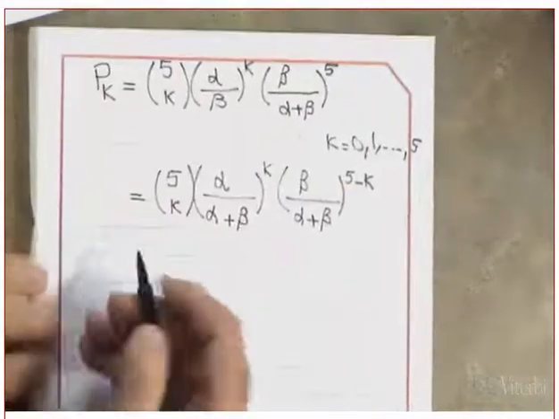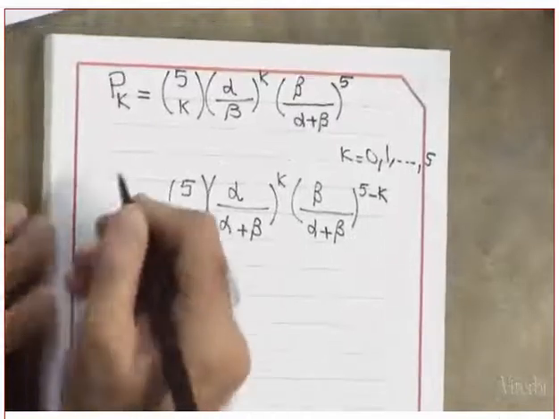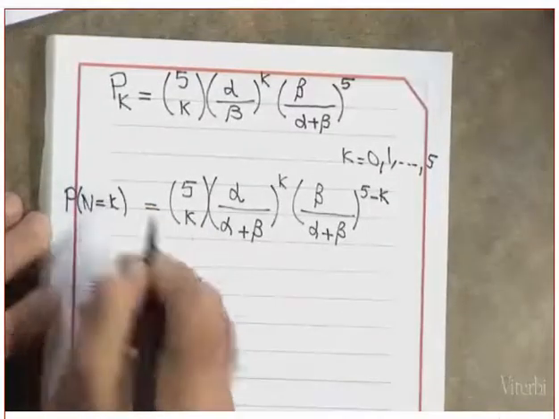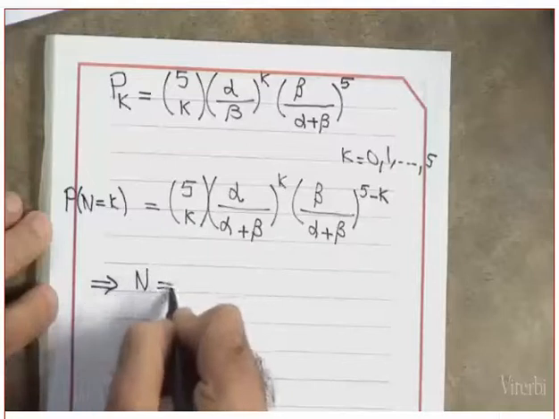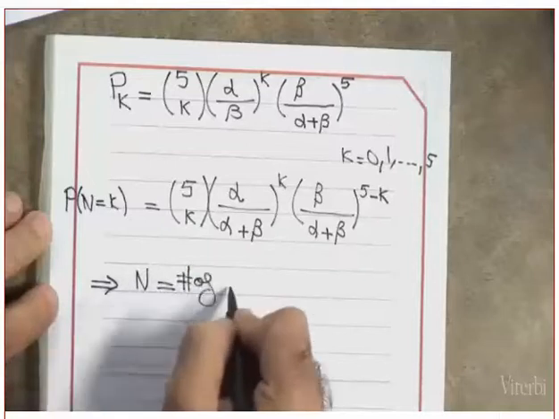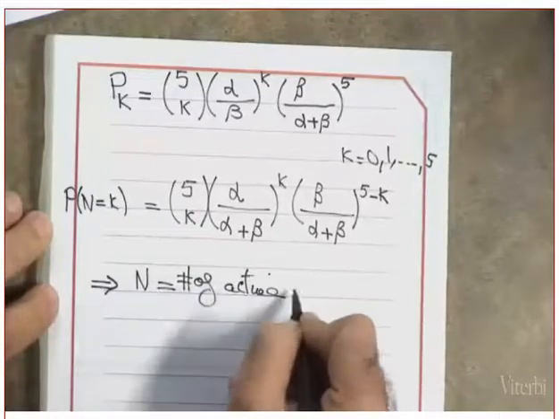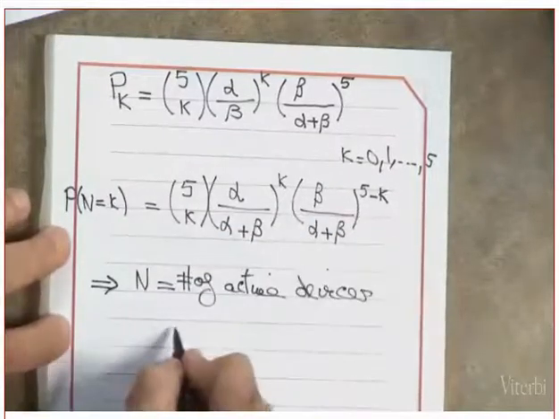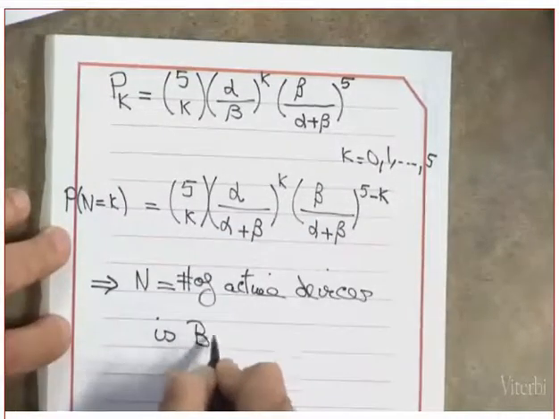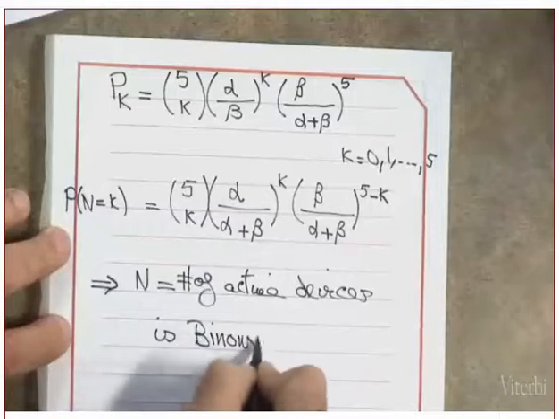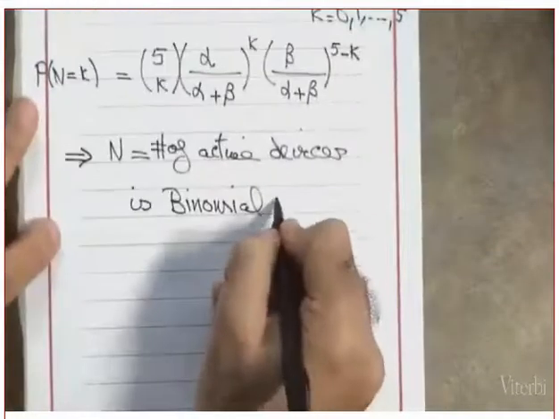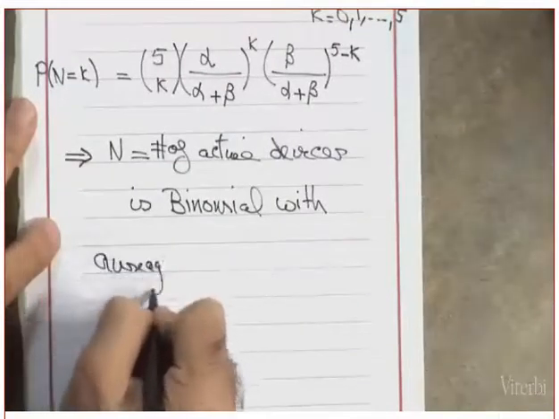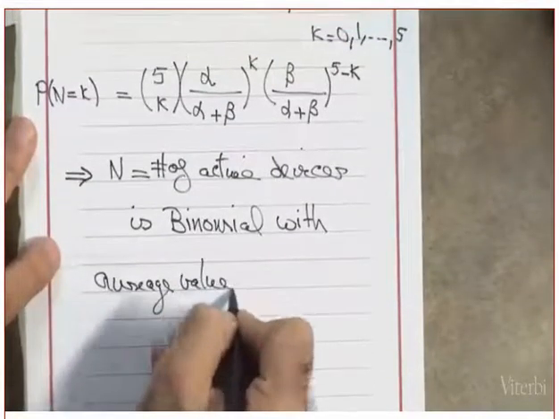Okay. What can you tell me about K? Remember, P of K means the probability that N equals K. Hence, N, which is the number of active devices, is binomial with average value of what?